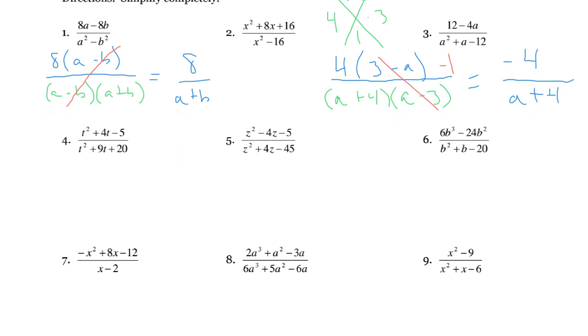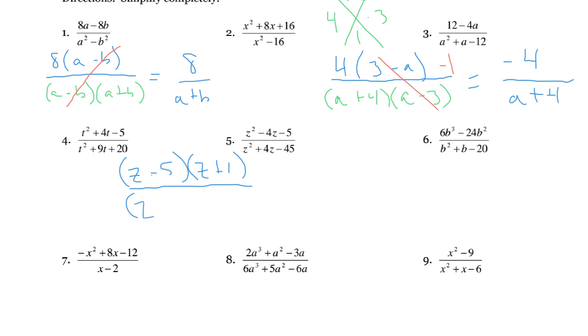Number 5, we have 2 2-step factorings here. I'm going to go faster through this. They factor as z minus 5 times z plus 1. And then the bottom is z squared plus 4z minus 45.